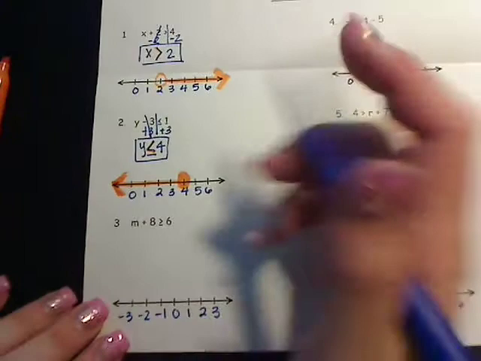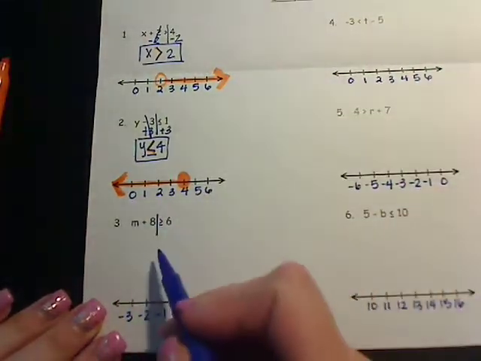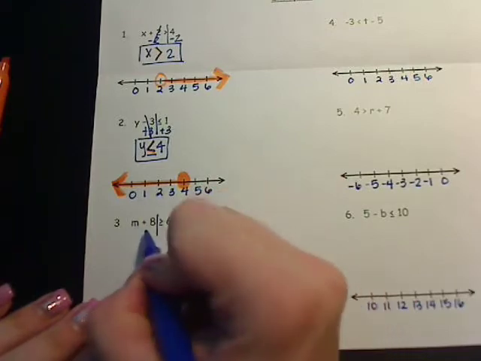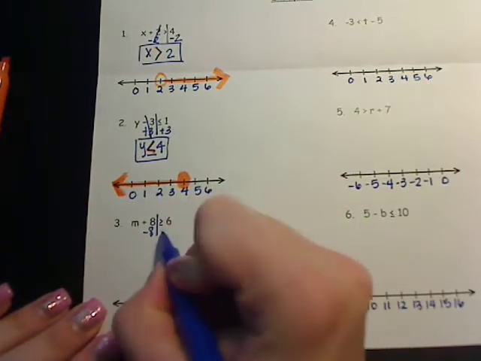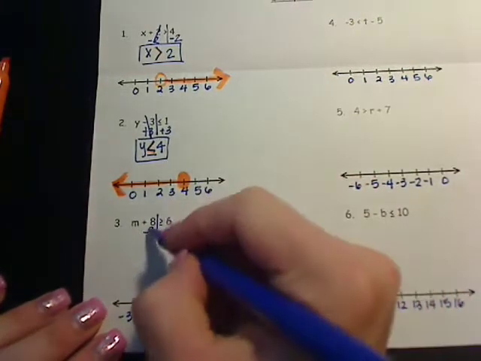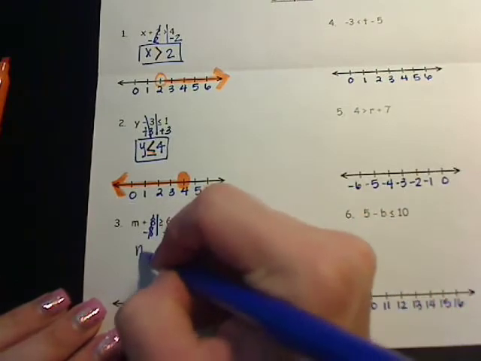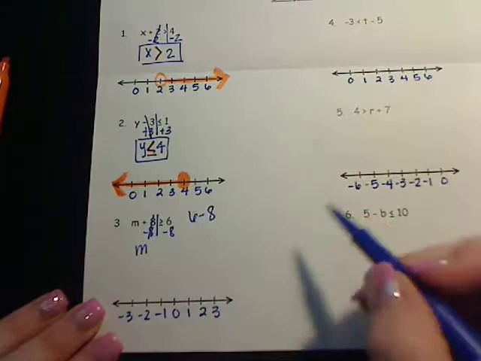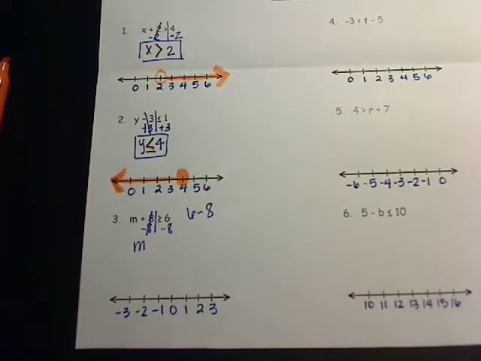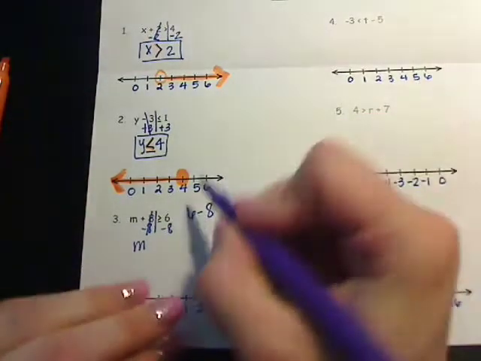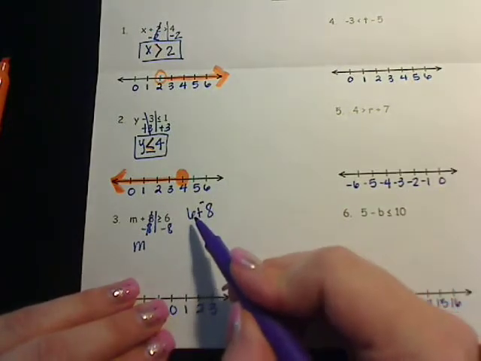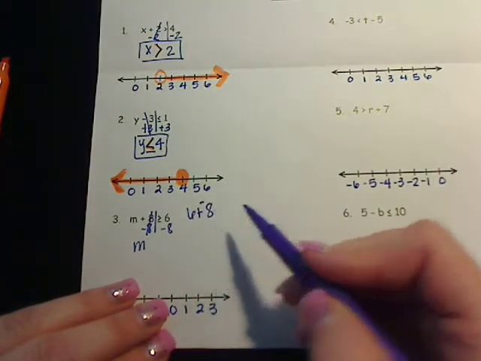Number 3. Cut it in half. Isolate the variable. So the opposite of adding 8 is subtracting 8. Do that to both sides. My 8's cancel. I have m, and on this side I have 6 minus 8. Well, I'm going to need to add a line and change the sign. So now I have 6 plus negative 8.